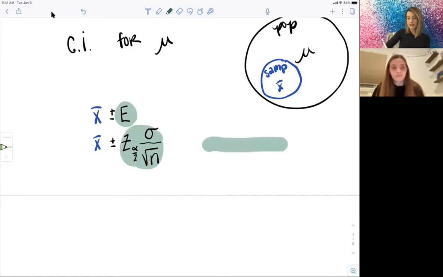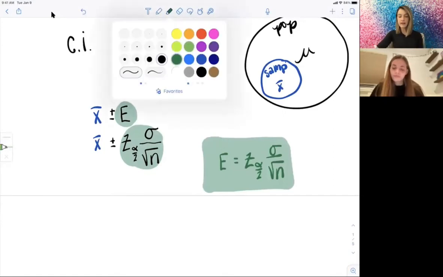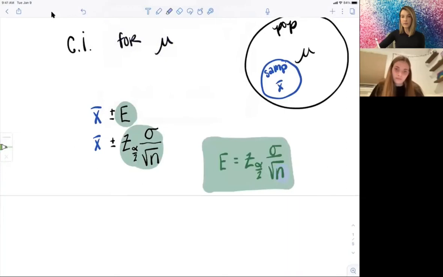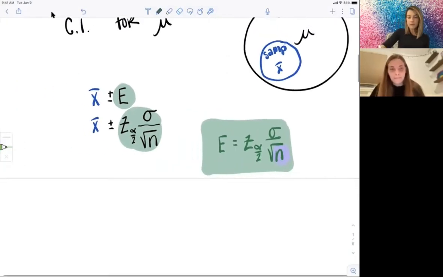So if I just write that nicely, I'll just use the color here to be dramatic. The margin of error is that part, the critical value times what's called the standard error. Now, if you tell me you have a certain margin of error that you want, I can substitute that in, and then I can do some algebra and solve this equation for n and tell you the n that you need to make that happen. So all we do next is solve for n.